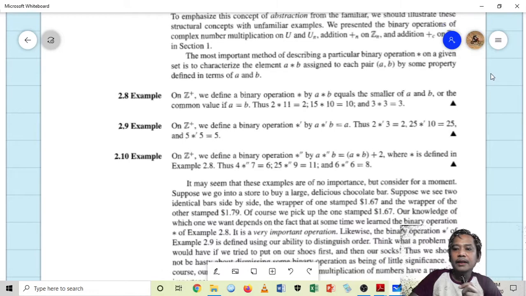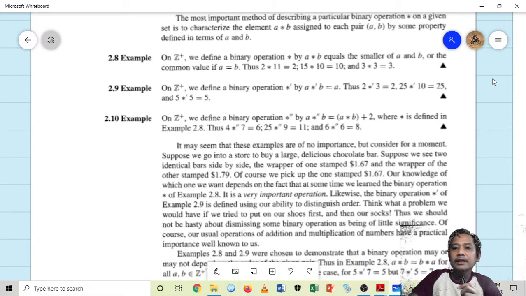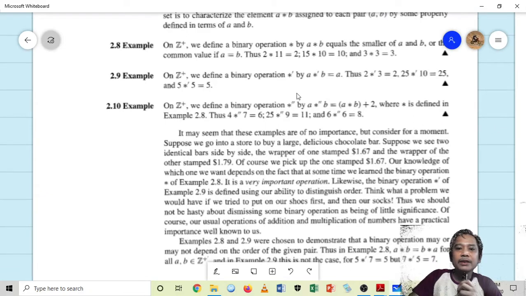Okay. Let us now take examples wherein the operations are not quite familiar, meaning not one of the four fundamental operations. For example, those which we took up in activity 2. So here we have example 2.9, defined on the set of positive integers. We have here a asterisk prime b is a.